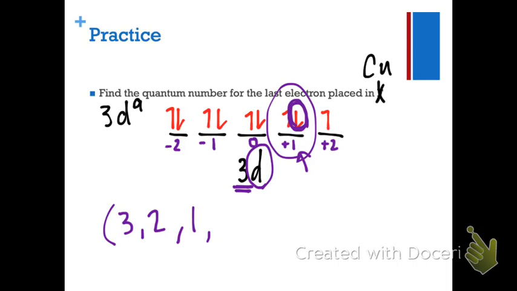It's pointing downward, so -1/2. Not always positive, though. If we were looking at this other electron, our spin would be positive. But since it's the last electron placed, it's pointing downward, and it would be -1/2.